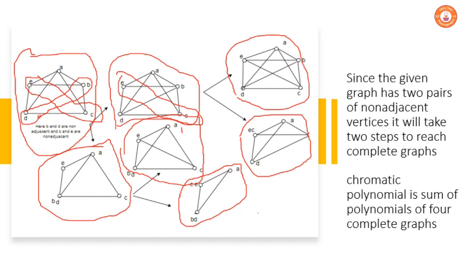Therefore, the chromatic polynomial of the given graph is the sum of the chromatic polynomials of four graphs, out of which the first one is a complete graph on 5 vertices, second and third are complete graphs on 4 vertices, fourth one is a complete graph on 3 vertices.